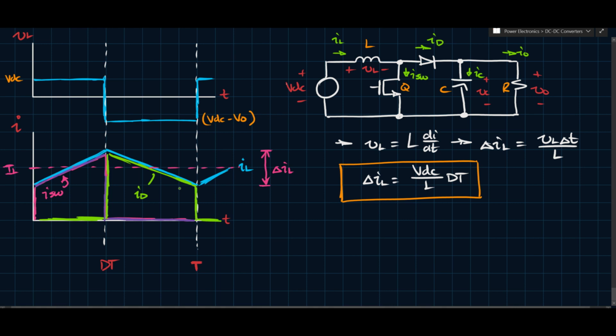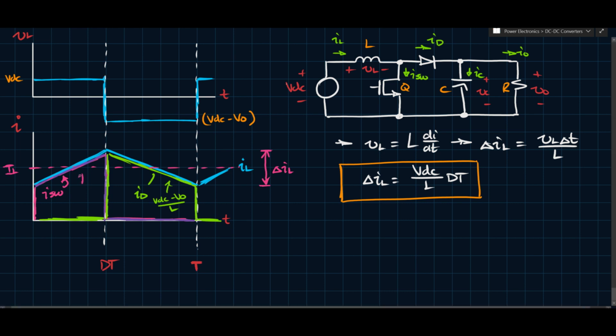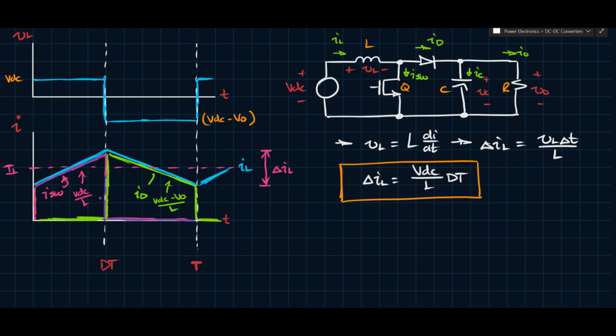What we see is that the slope for ID is also equal to VDC minus VO over L, as it would be for the inductor current. And the slope for the switch current is also equal to VDC over L, as it would be for the inductor current, as we saw when we just calculated the ripple current, right?